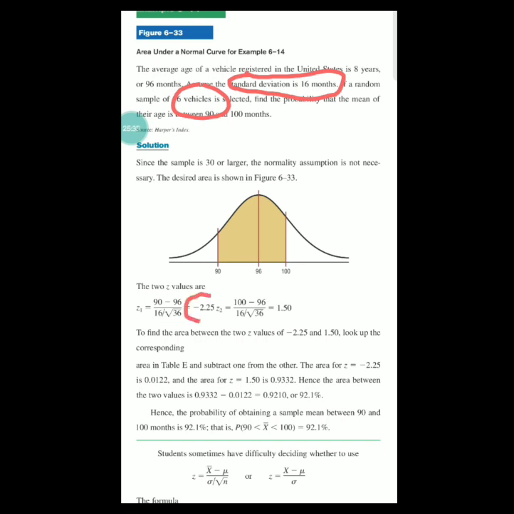And then after that, let us solve the second value, which is 100 months.